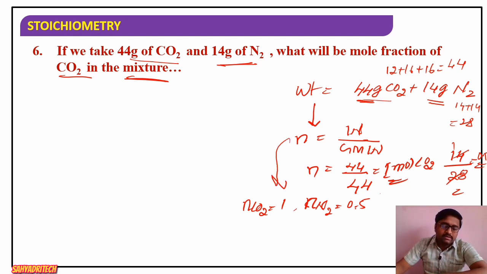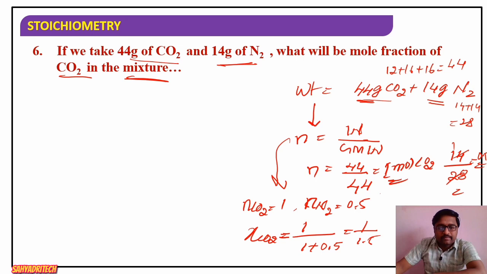So whatever the weight given is converted into number of moles. Now we have to think of mole fraction of carbon dioxide. So mole fraction of CO2 is equal to number of moles of CO2, that is 1, divided by total number of moles, 1 plus 0.5, that is 1 divided by 1.5.